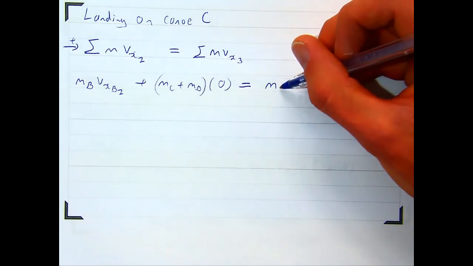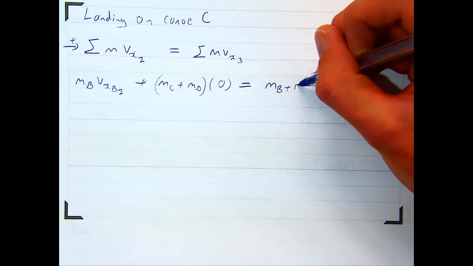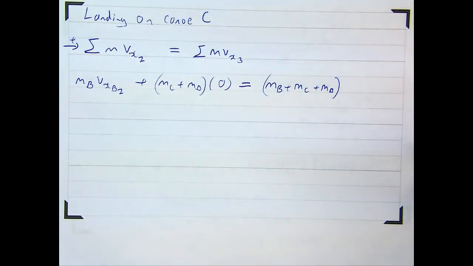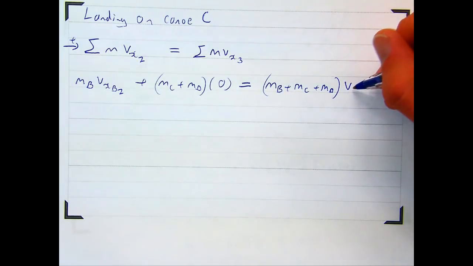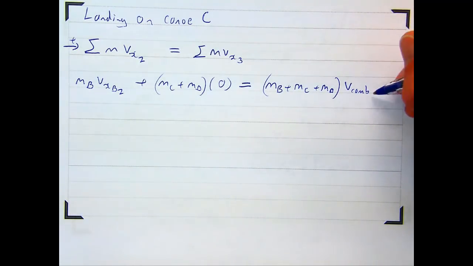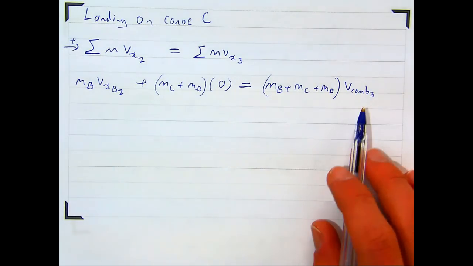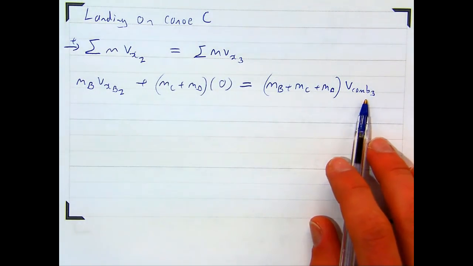So we just combine the mass of the boy and the mass of the canoe plus the mass of the girl times their combined velocity, v combined 3. And you just fill in to find out what is the final velocity at which the canoe would move.